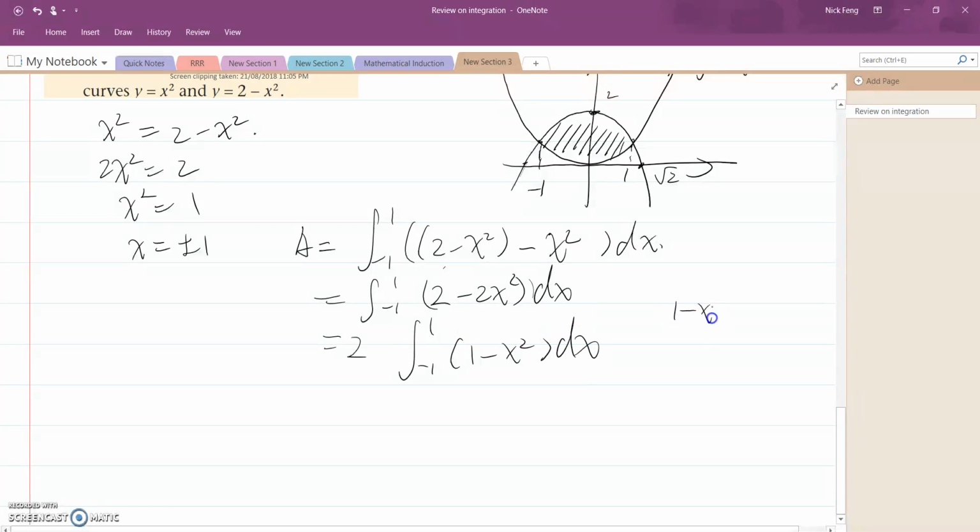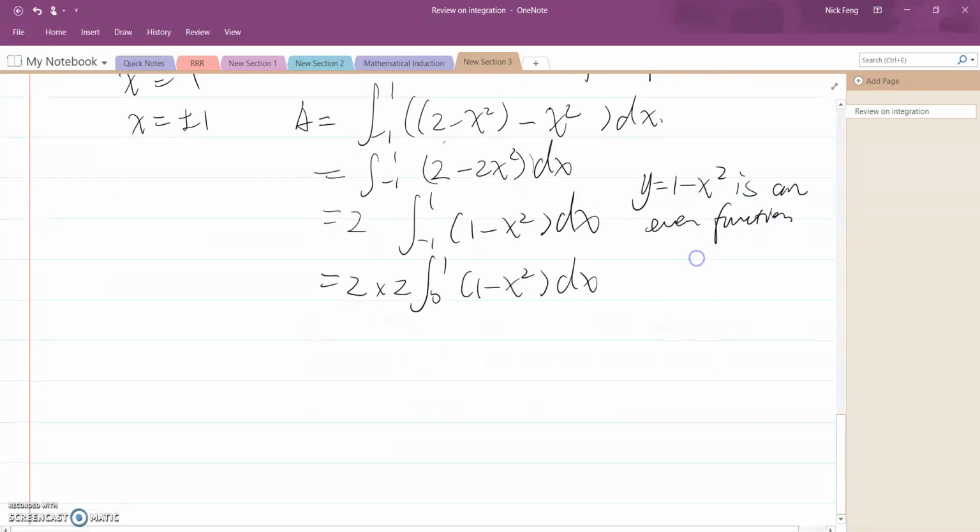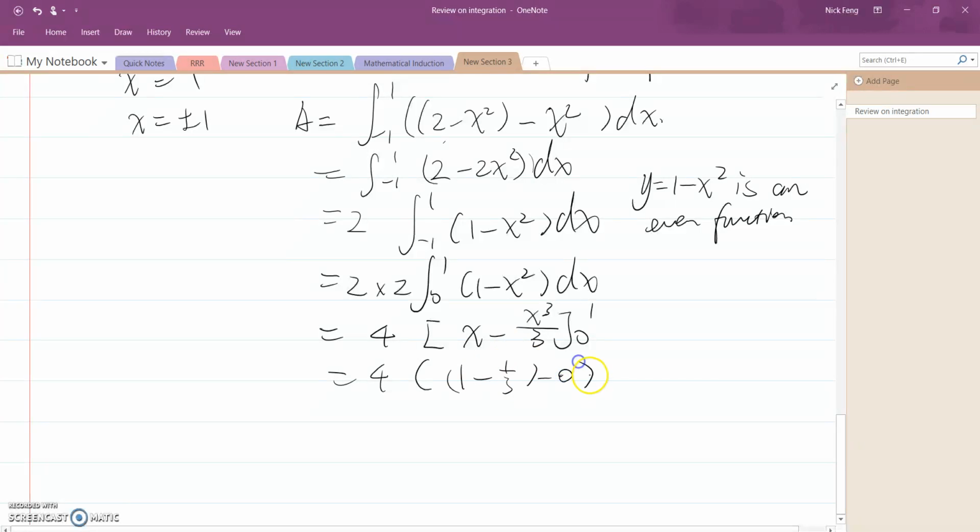Since 1 minus x squared is an even function, that becomes twice the integral from 0 to 1 of 1 minus x squared dx, which will make our life a bit easier when you do integration. That is x minus x cubed on 3 from 0 to 1, for 1 minus a third minus 0, and that will give us 8 on 3 unit square.